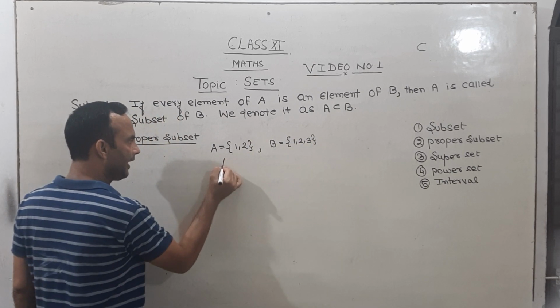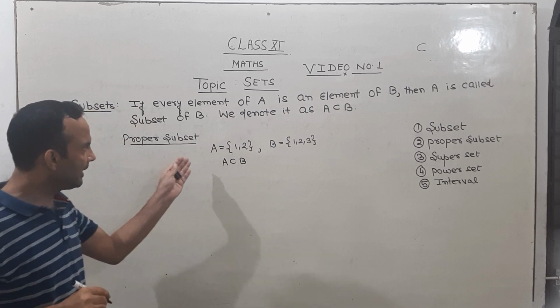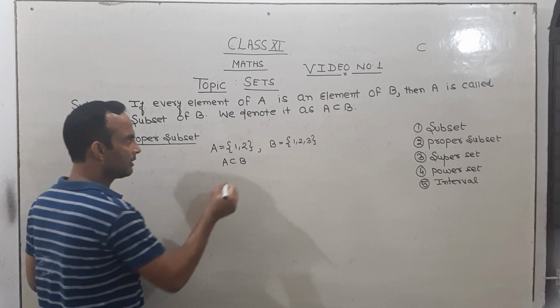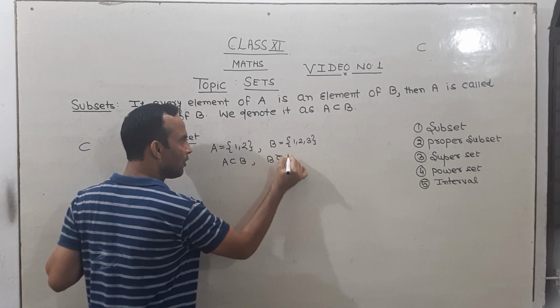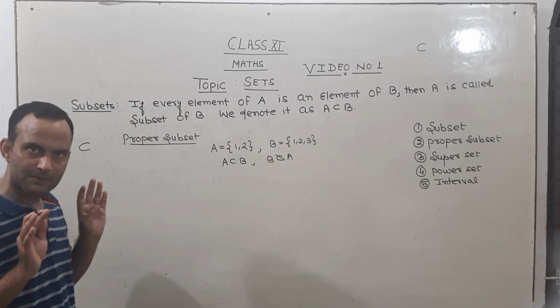You can see A is a subset of B because all the elements of set A are present in set B, but B is not a subset of A.